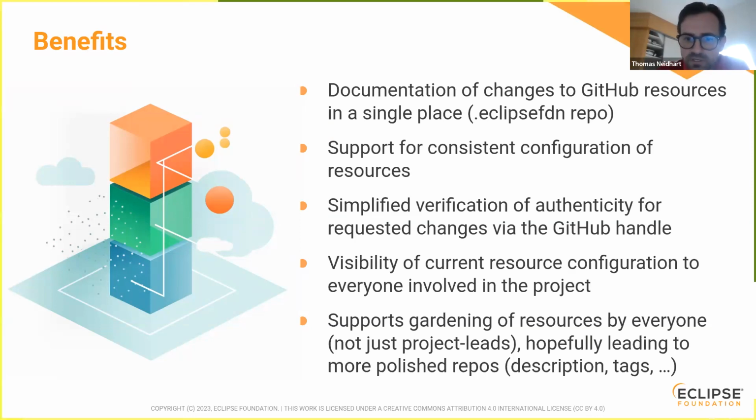So with this approach, basically every member of the project or outside contributors can create pull requests providing information like descriptions. I've seen many repos that don't have any description, which is kind of sad, because in the end, it's very useful when you look at stuff.